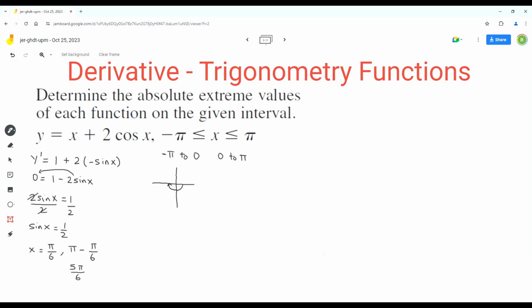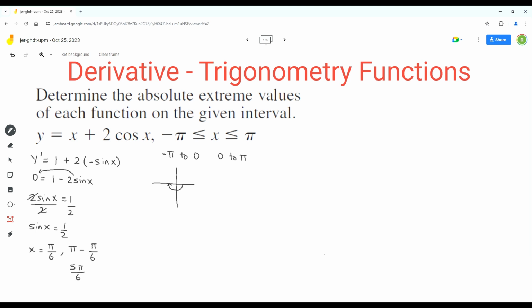And sine is not positive in quadrants 3 and 4. So therefore, there is no solution for sine x equals 1 over 2 in the part of the interval from negative pi to 0. So that means there are only two x values in the interval negative pi to pi where the derivative is equal to 0.